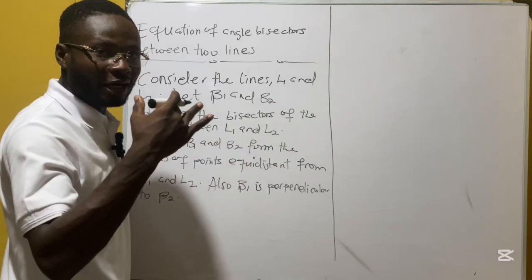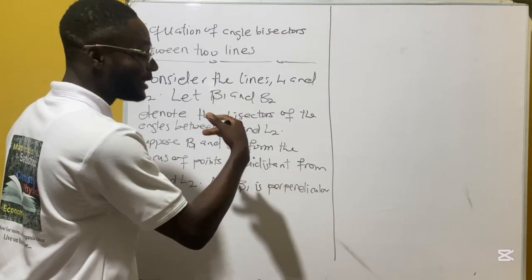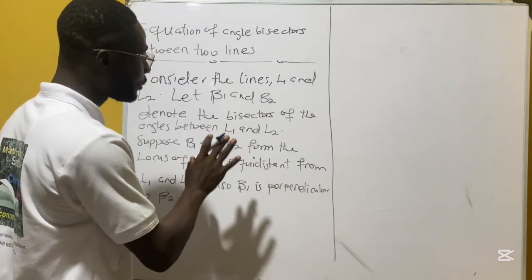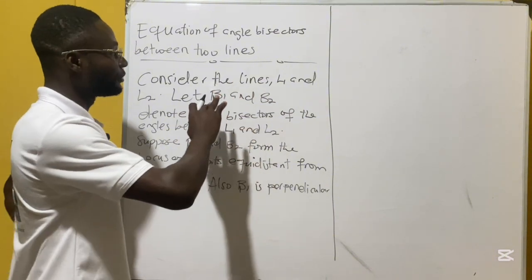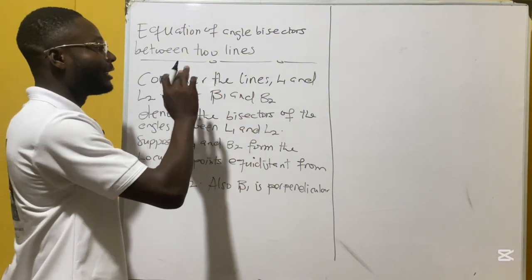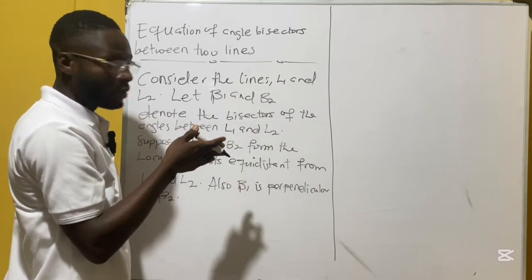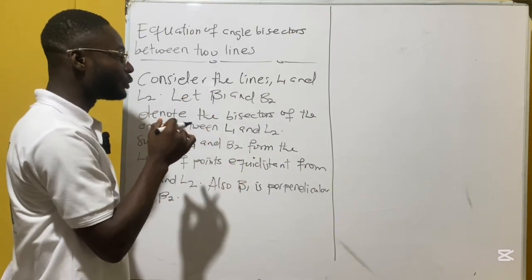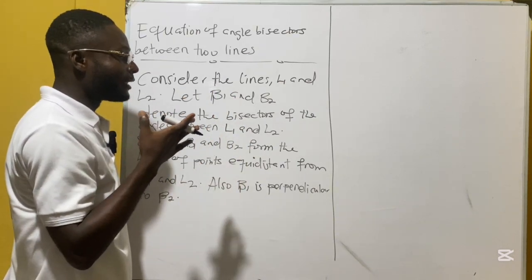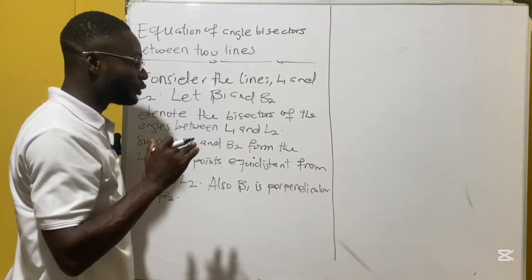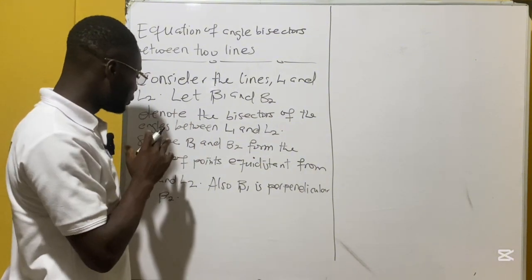Then let's now look at the illustration of this information. So we are saying that L1 and L2 are the lines, and B1 and B2 represent the bisectors of the angles between L1 and L2.